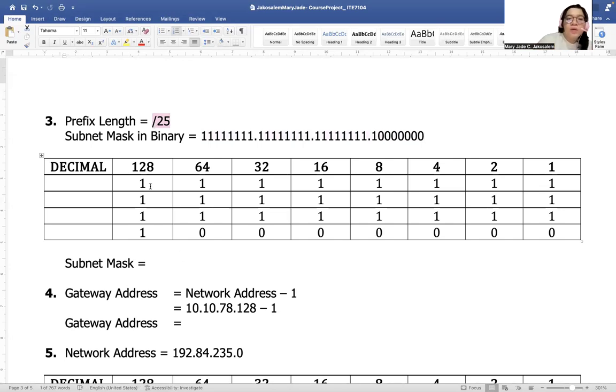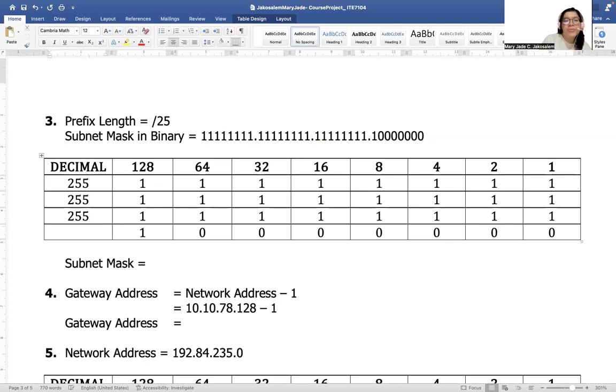I already encoded here the binary equivalent. To make it easier, we all know that 8 ones is equivalent to 255, so let's write here 255.